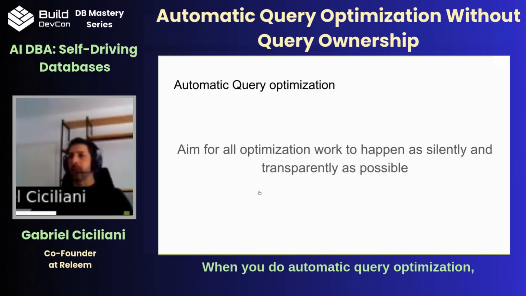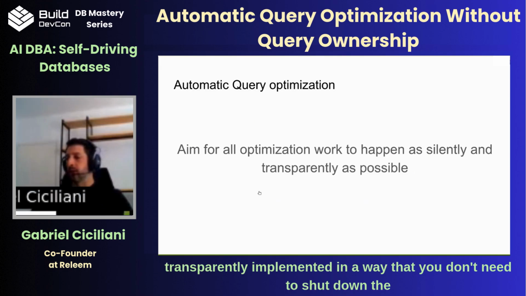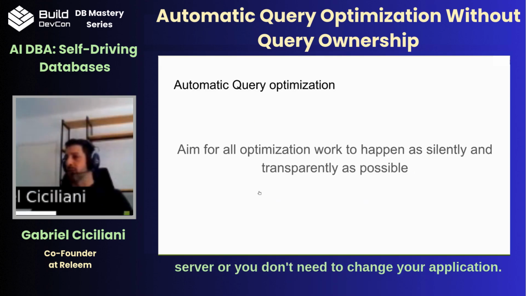When you do automatic query optimization, you want to aim for things that happen silently and as transparently as possible. So if recommendations are generated, you want the type of recommendations that can be transparently implemented in a way that you don't need to shut down the server or change your application.